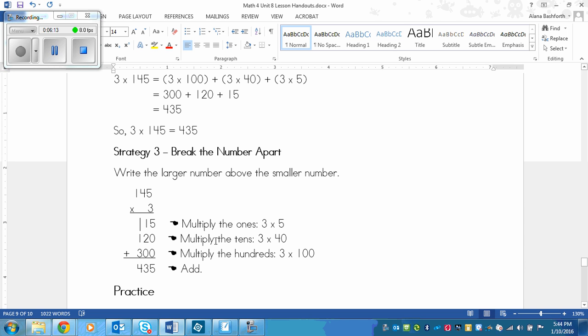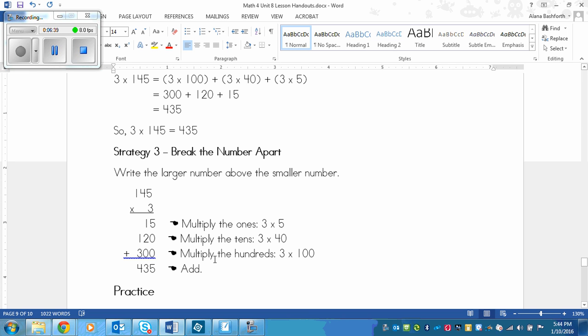Then I need to multiply the tens next. So I would go 3 times 40. Remember, that's not just 3 times 4. We have to remember that this 4 represents 40. So 3 times 4, you could think to solve it would be 12. And then don't forget that 0 at the end for 120.